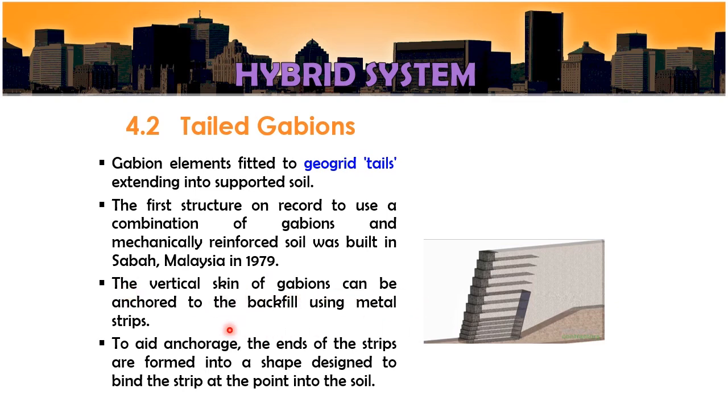The vertical skin of gabions can be anchored to the backfill using metal strip. Jadi kat belakang ni, in between the gabion basket ni, ada metal strip yang dia akan anchor pada backfill dekat belakang tu. Belakang yang kita nak tahan tanah tu.